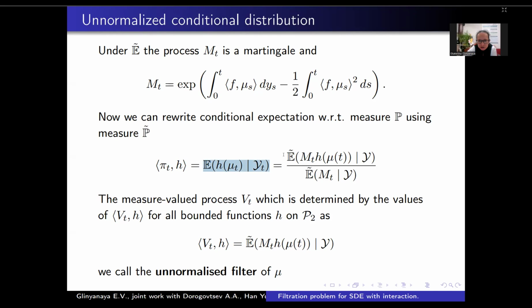So we can change the measure, or the integral with respect to measure P by an integral with respect to measure P tilde.